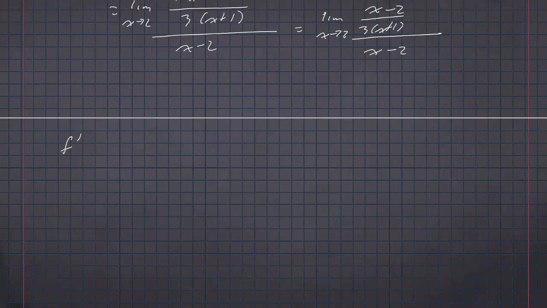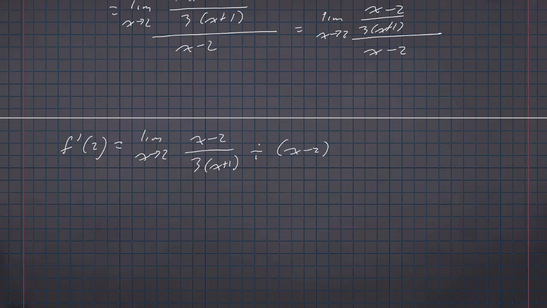All right, since it went off the top of the page, remember the thing we're looking for is f prime of 2, which is the limit as x approaches 2 of this whole thing. You can rewrite a compound fraction as division. This is x minus 2 over 3 times x plus 1, divided by x minus 2, which is the same thing as multiplying by 1 over x minus 2.